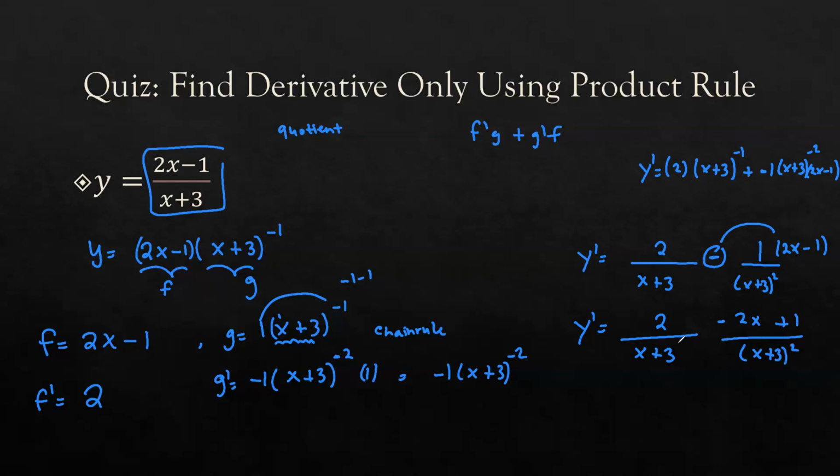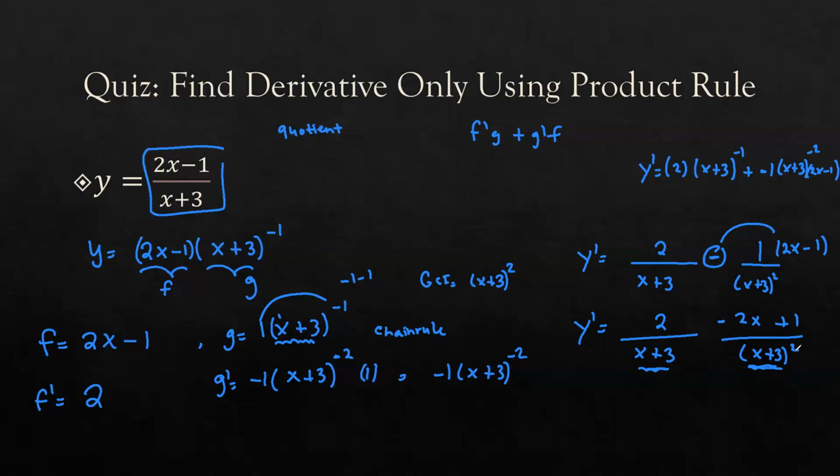Now, when you're subtracting fractions, you need a greatest common factor. On our bottom, we have an x plus 3 here, and over here we have an x plus 3 squared. So what is my GCF? My greatest common factor is just x plus 3 squared, because they have the same base, and when you have a repeating base, you pick the one with the highest power.